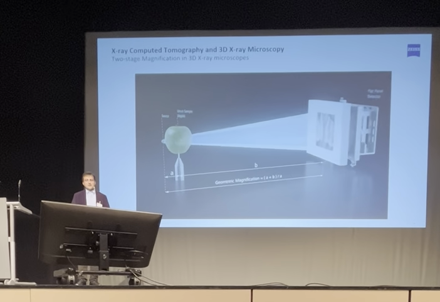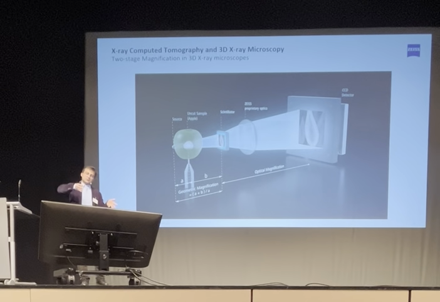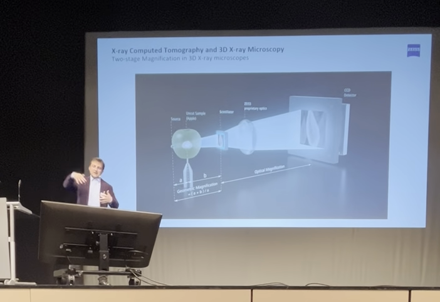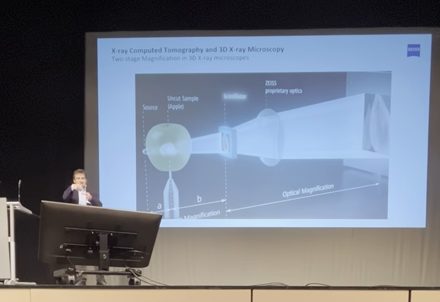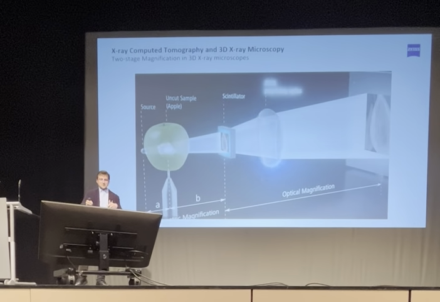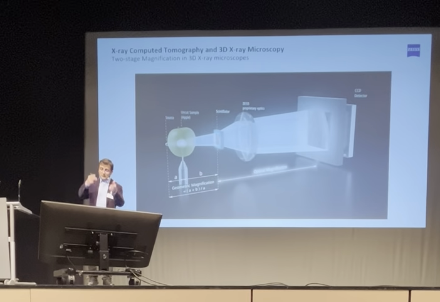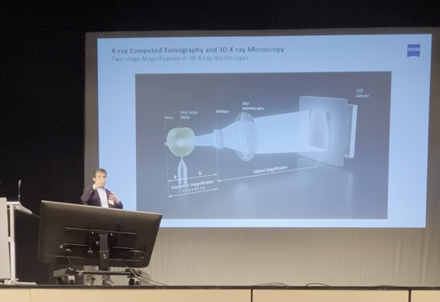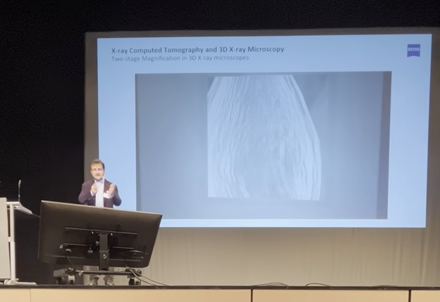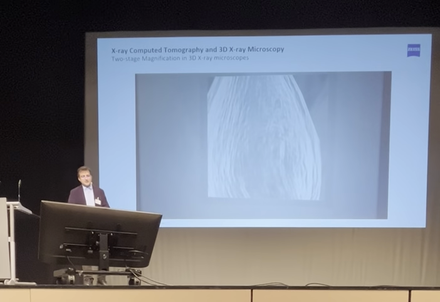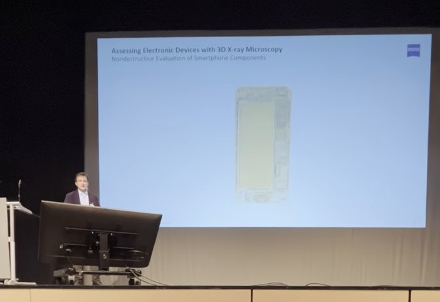And if we now use an X-ray microscope, in which you use some type of lenses to add optical magnification, then you have the ability to zoom into the seed at a higher resolution without destroying the apple. In micro-CT, if you want to scan the seed at a higher resolution, you will have to cut open the apple, take the seed, and scan it. This is not a problem here because of the optical magnification ability and the resolution at a distance.